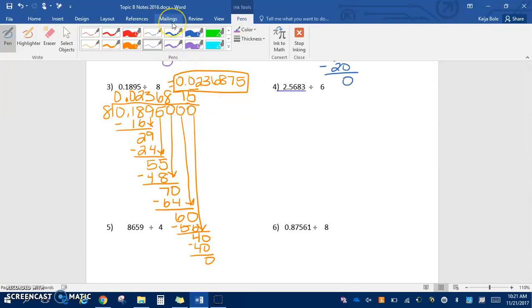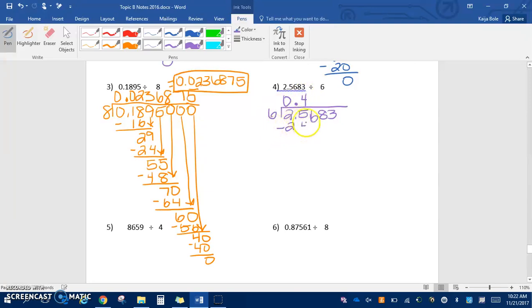Alright, looking at number 4 here, we're going to have the same setup. Leave some room at the top. We'll have 2.5683 divided by 6. Bring that decimal point up. We know that 0 groups of 6 go into 2, so we put a 0. Now we look at the number 25, and 4 whole groups of 6 go into 25.